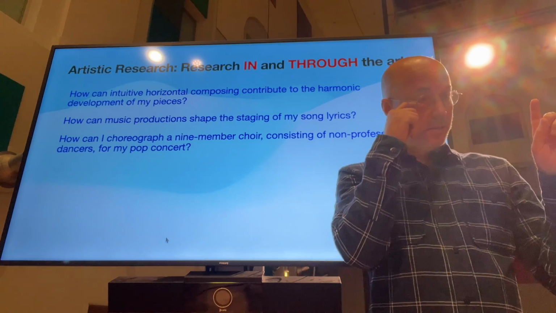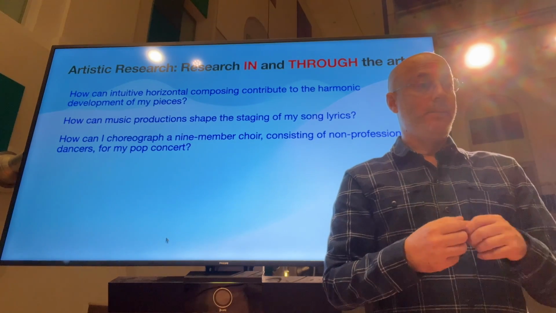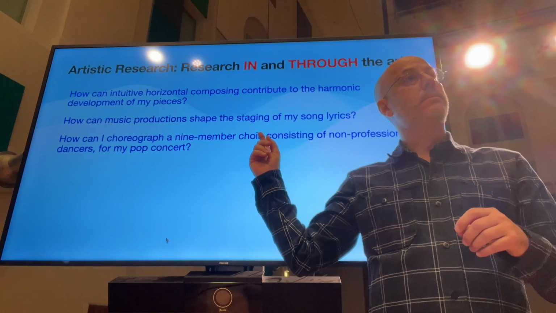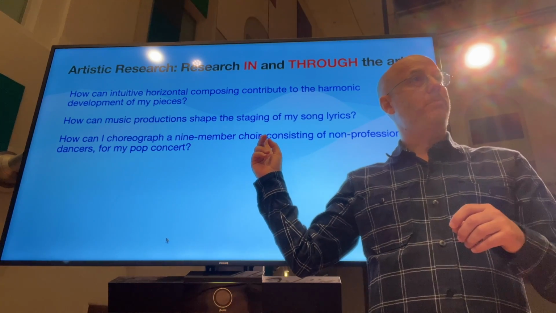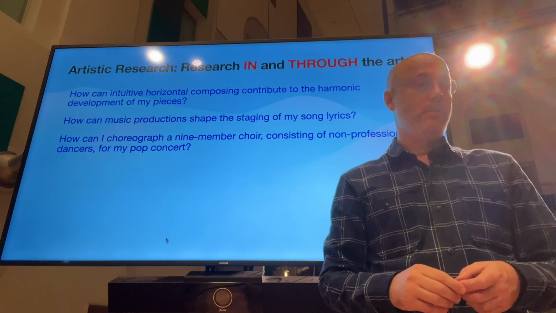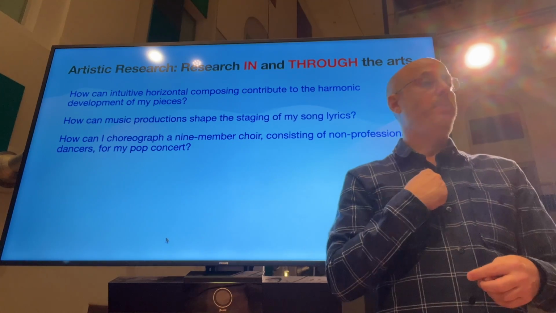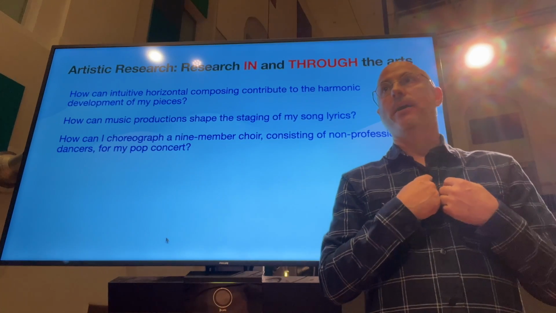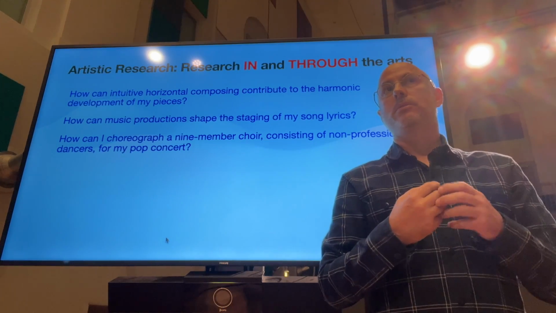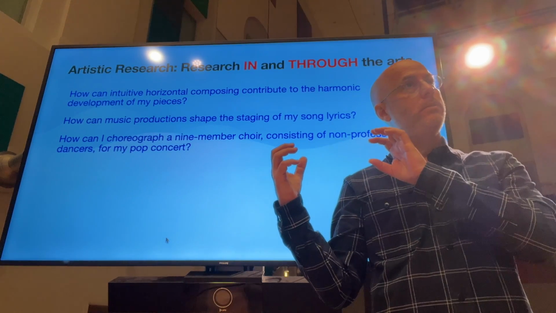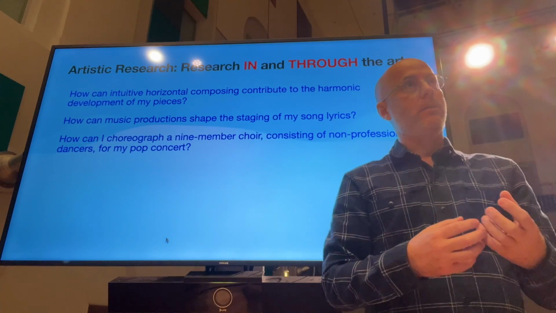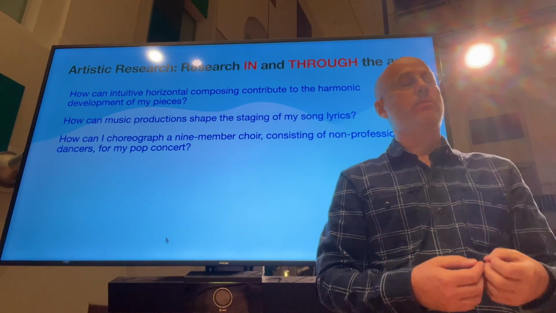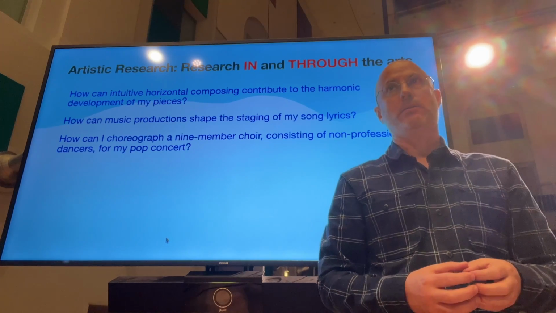And really quickly, we start to see that the practice of the researcher is explicit in the question. The development of my pieces, my song lyrics, how can I choreograph? So the way you frame that question is how we focus the research in our own practice.